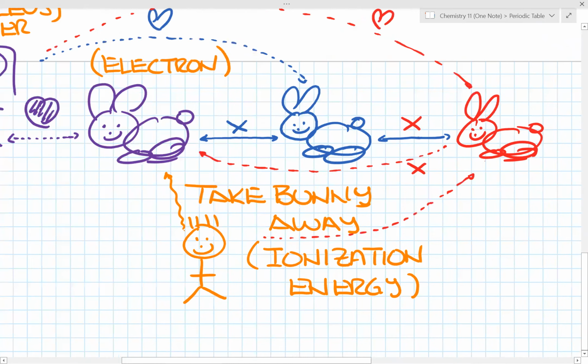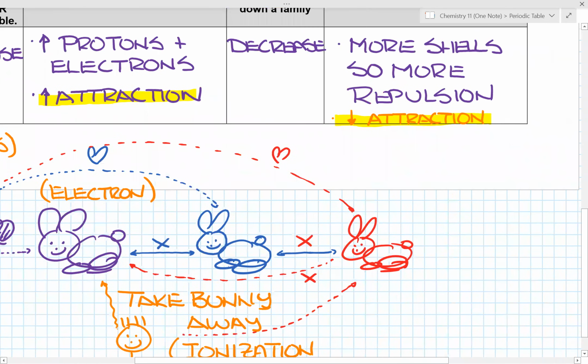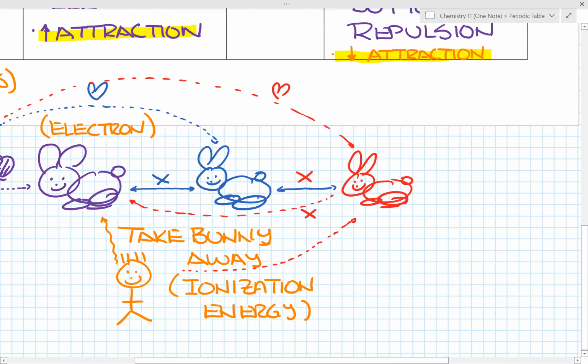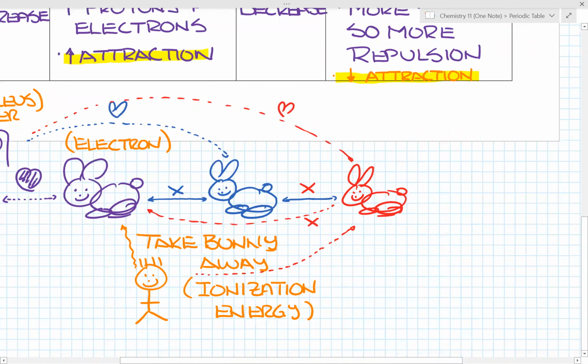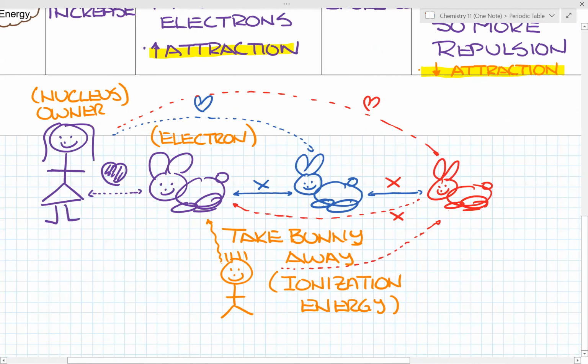The red bunny will probably be easier to take away because it's further from the nucleus, less attraction, and as a result, very easy to remove. And that is why you have a decrease in the ionization energy, because the amount of effort to take the red bunny away compared to the purple bunny is a lot less.